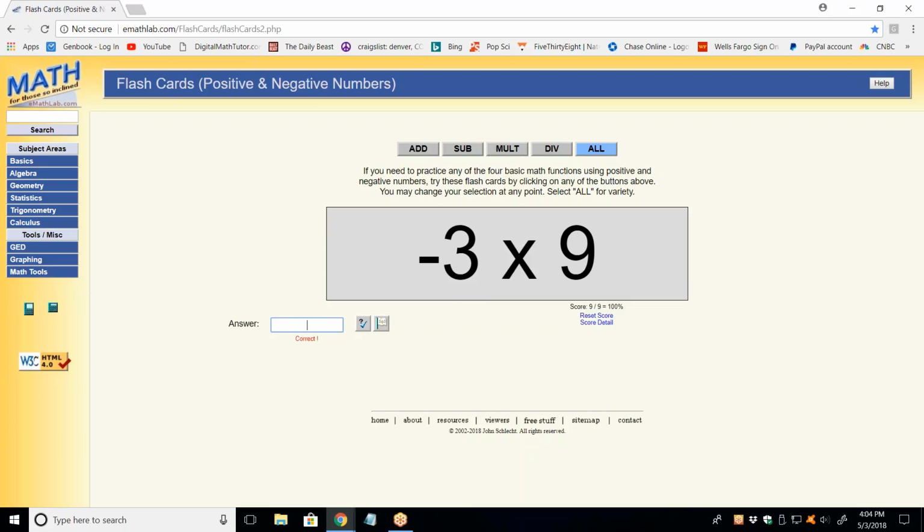Got it. Okay. The sign's going to be negative, but I don't know what would equal. Okay, so the solution is to memorize it, but you can figure it out also.